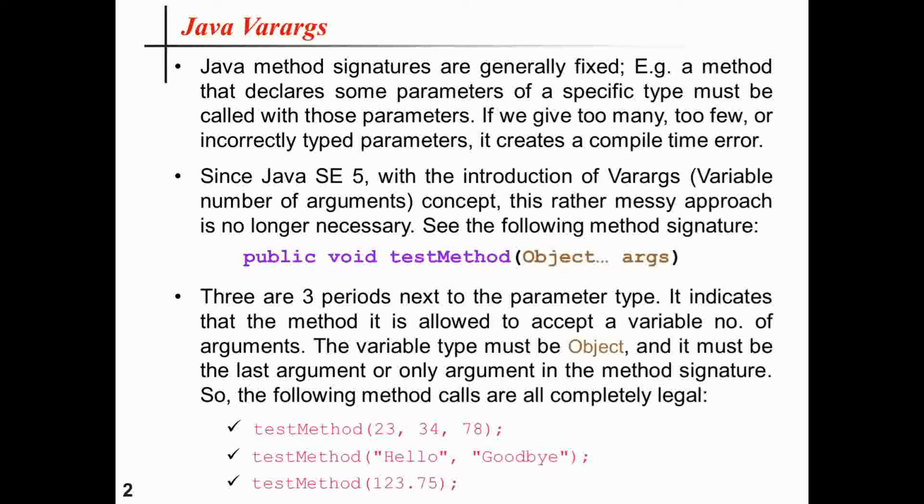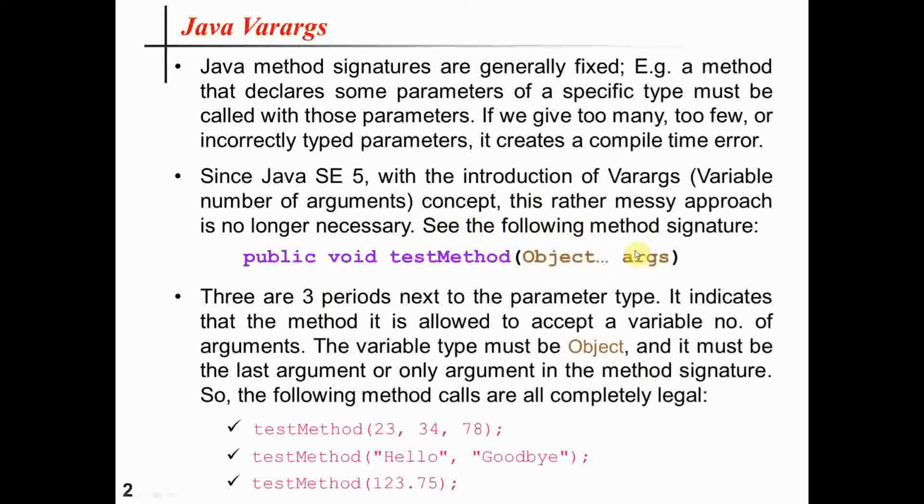So just have a look at the following method signature here: public void test method, Object followed by triple dots, then args. That means it shows the idea of using varargs, that is a variable number of arguments. With this particular method we can pass any number of arguments.